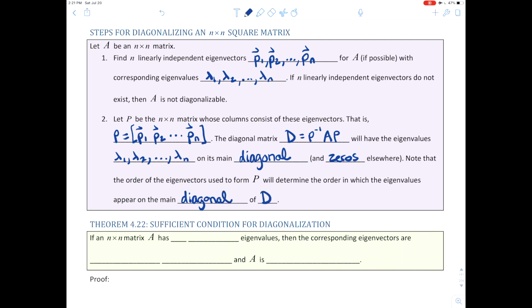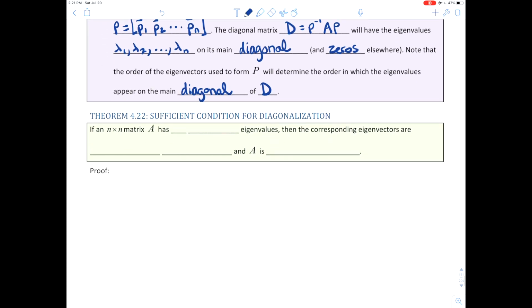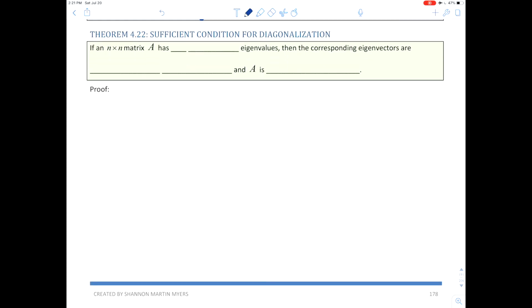Okay? All right, now be careful with this next theorem. It's called a sufficient condition for diagonalization. But notice it's not an if and only if, so it only goes one direction. If an n by n matrix has n distinct eigenvalues, then the corresponding eigenvectors are linearly independent and A is diagonalizable.